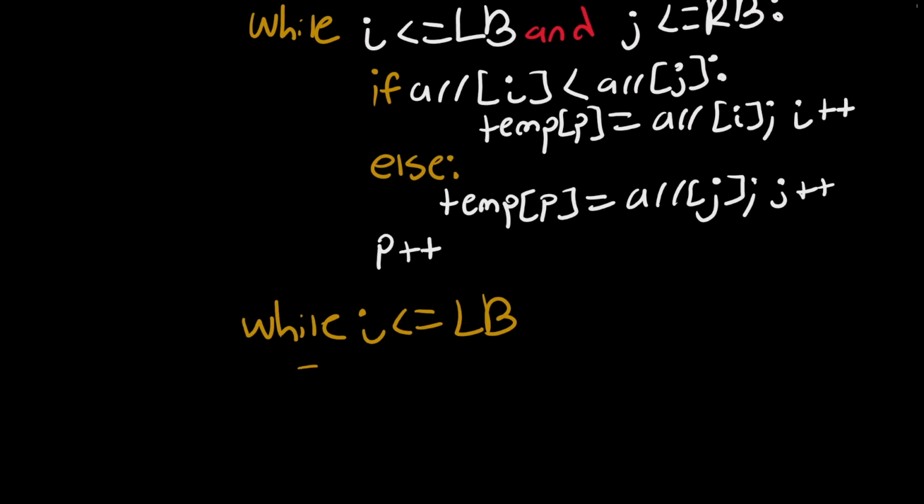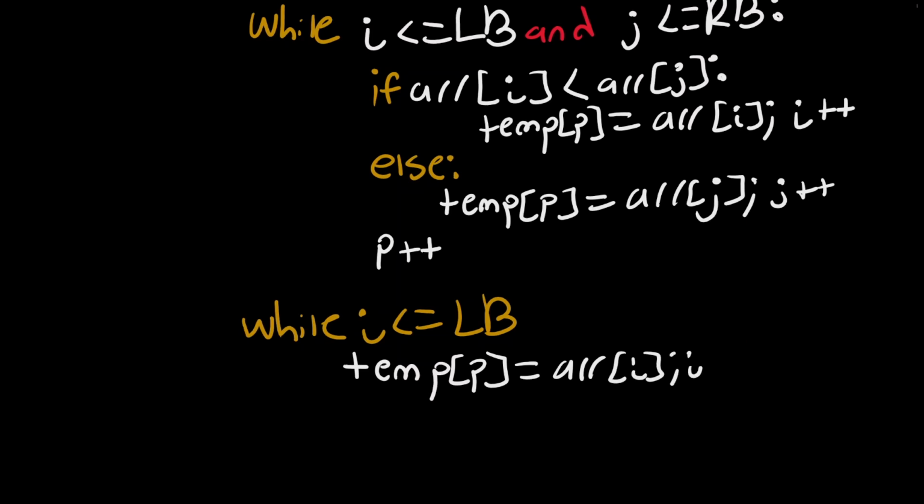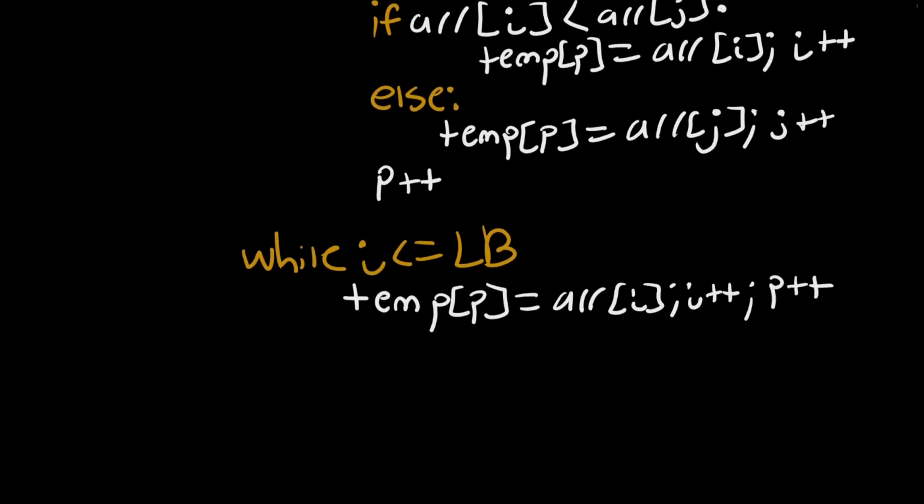So we have the temporary array, so temp p is going to be equal to the array at i; then we're just going to do i++; and then p++. Now, that should take care of filling in for i.